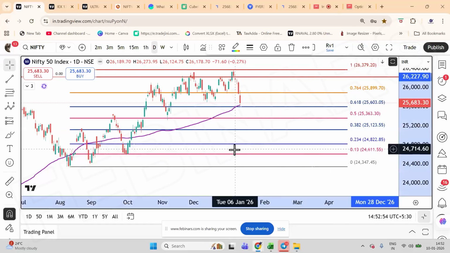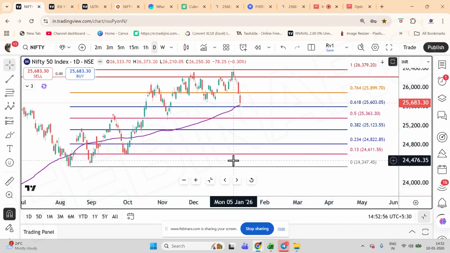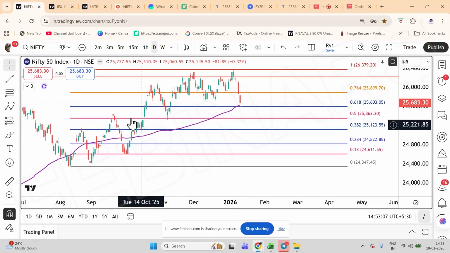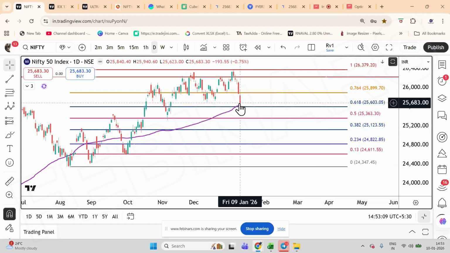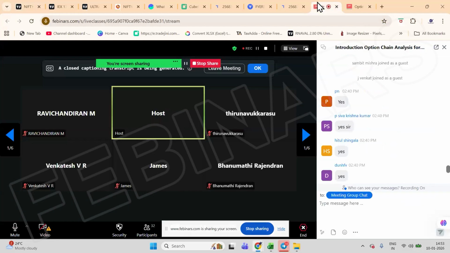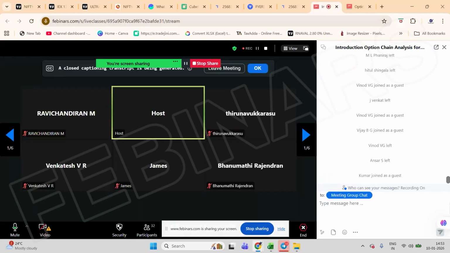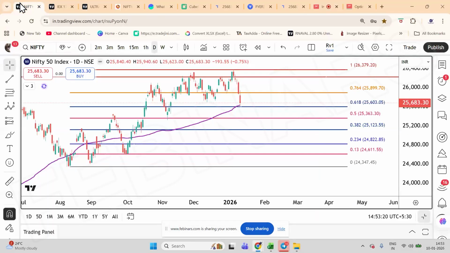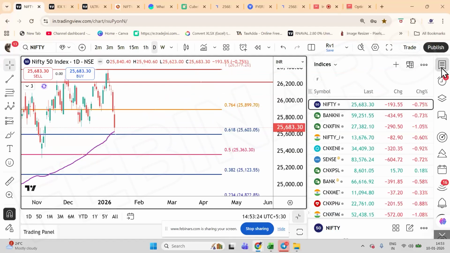Then near the budget time, we can see that consolidation fall towards our result season and budget. The next leg of fall would be decided then. This is an overlapping pattern, so I would not consider it an impulse. So this is the Nifty analysis for the next week.